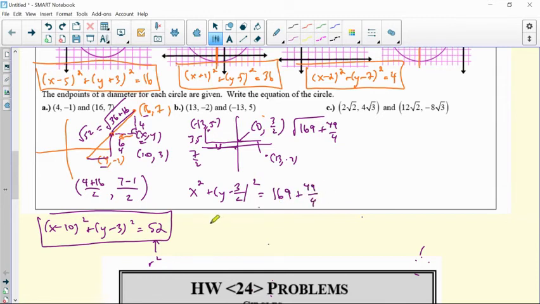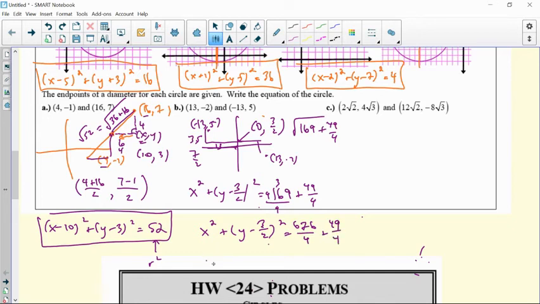And then we can simplify that by finding a common denominator, which would be 4 over 4. So if you multiply 169 by 4 over 4, that's 676 fourths, if I did that right, and then add 49 fourths.